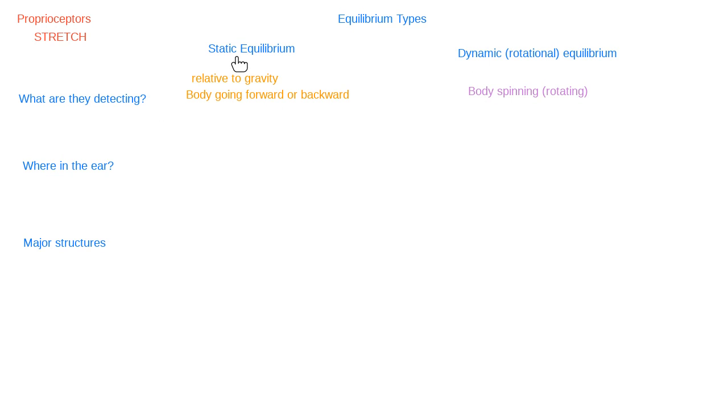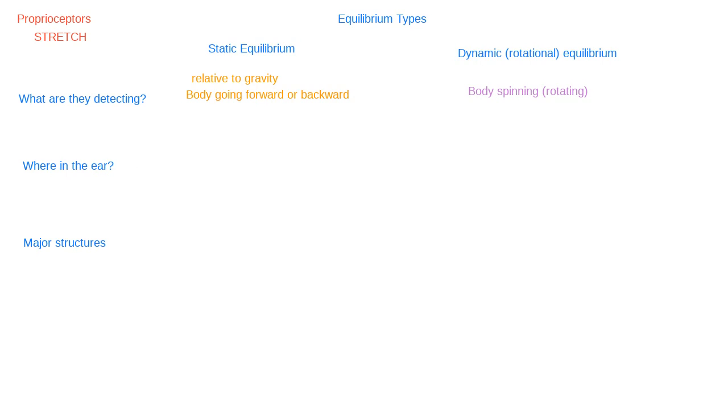When we talk about detecting forward and backwards, static equilibrium, there were two areas in the ear that do static equilibrium. What was the name of those places that do static equilibrium? Forward and backward.